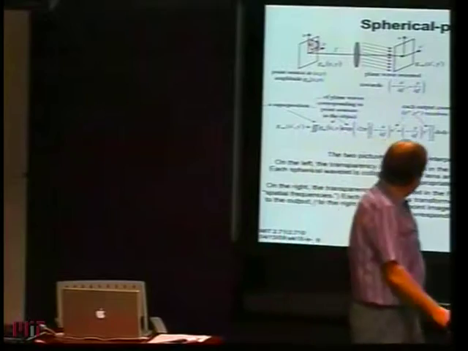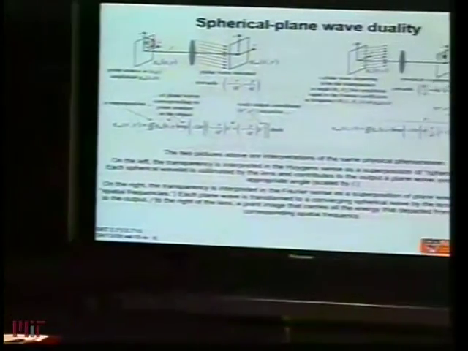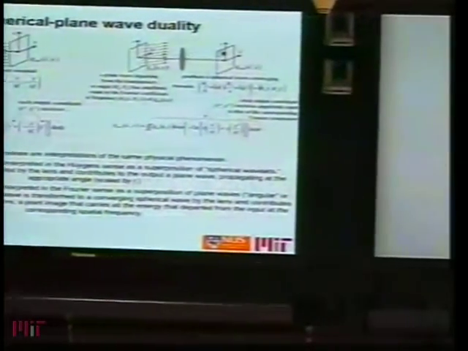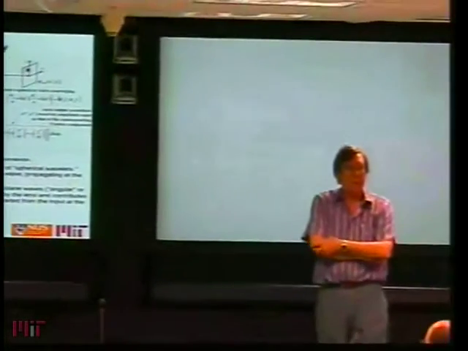Okay, now what this is really trying to show is that there are two ways of looking at this problem. These two diagrams are trying to show the same case, but get you thinking about a different way of viewing the problem.